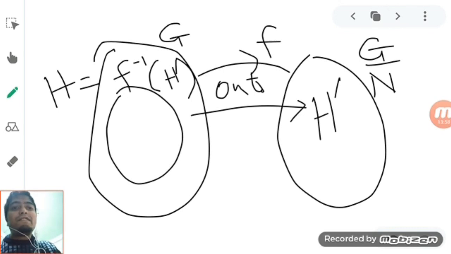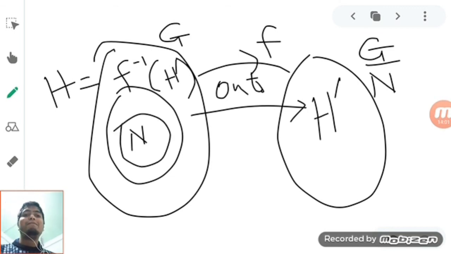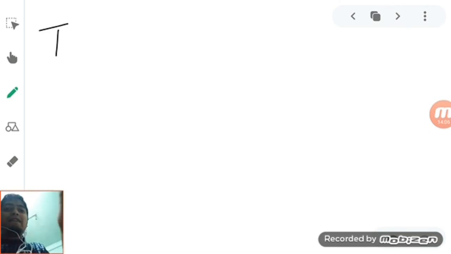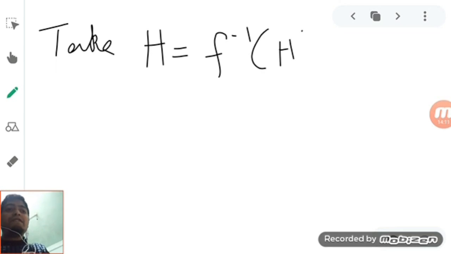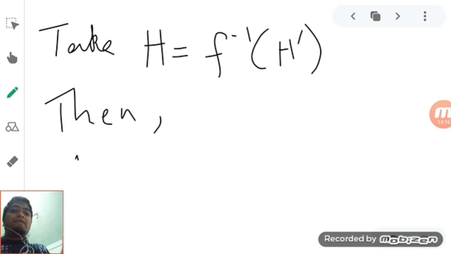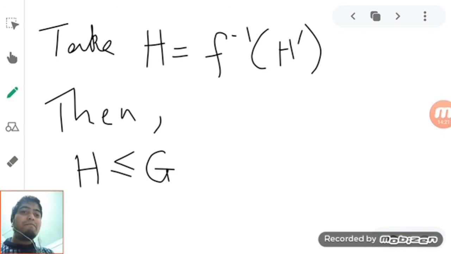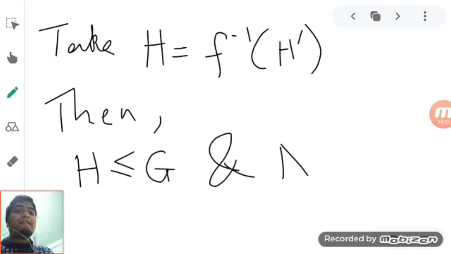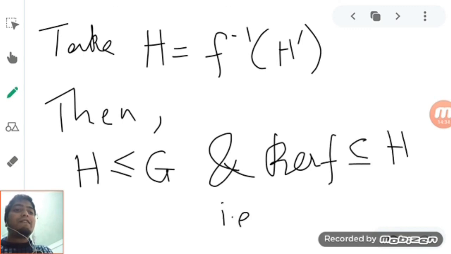So that is why we are taking H to be the pre-image of H dash. This one, n will be inside, okay, because of the previous theorem that we have done. So take H equal to the pre-image of H dash. Then H will be a subgroup of G because of the previous theorems: the pre-image of a subgroup is a subgroup, and n, the kernel of f, is a subset of H, but the kernel in this case is n.